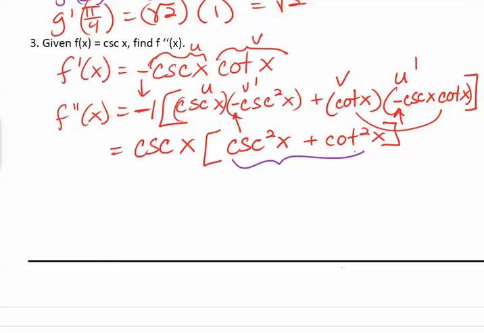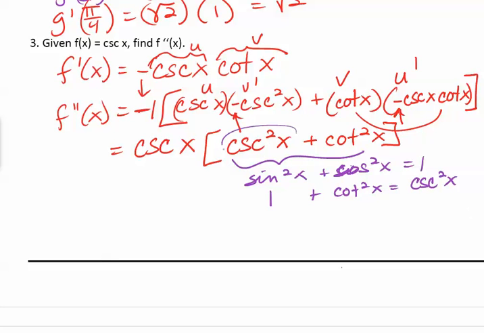When you see 2 trig ratios squared, you might think it's Pythagorean, but if we take our sine squared plus cosine squared equals 1 and divide through by sine squared, notice that we've got a plus minus sign issue here that doesn't make this very easy to simplify. So we could, for example, replace cosecant squared with 1 plus cotangent squared, but I don't think that that's really necessarily simplifying it.